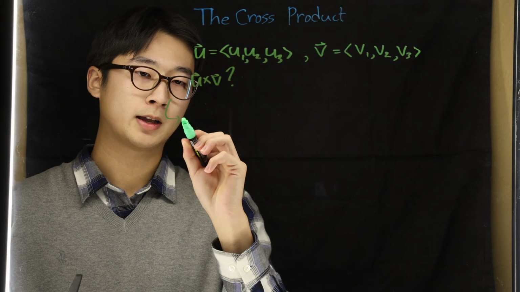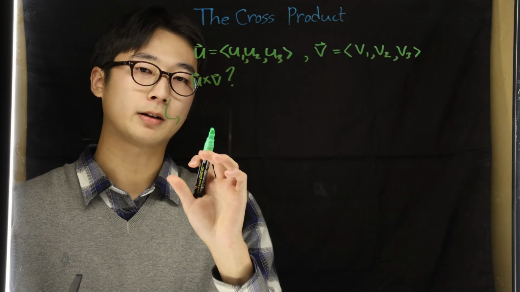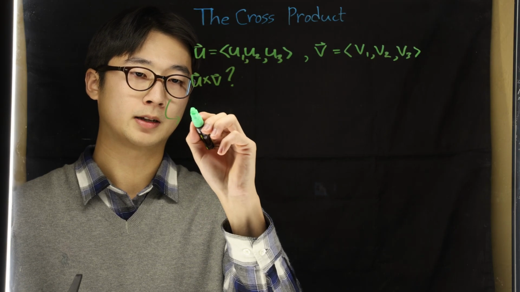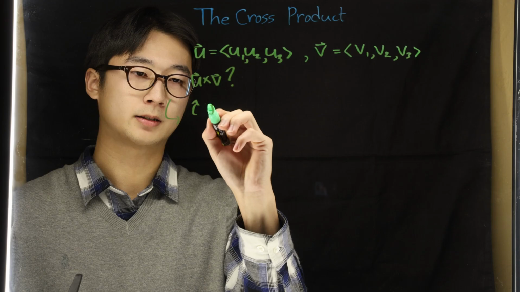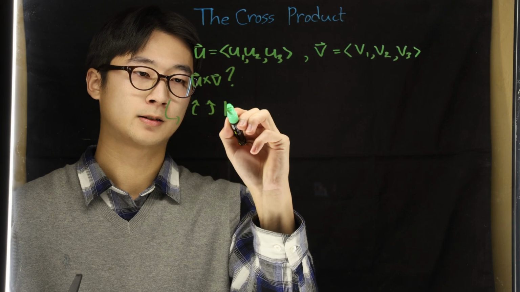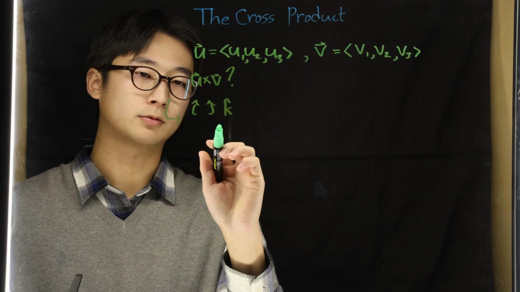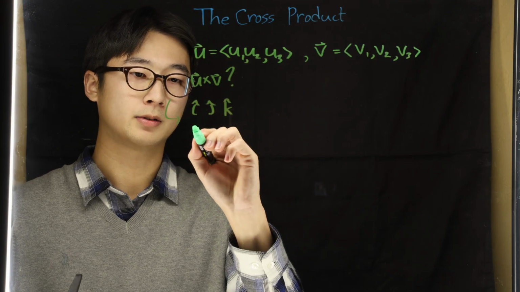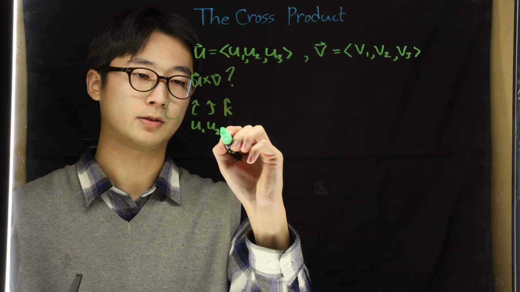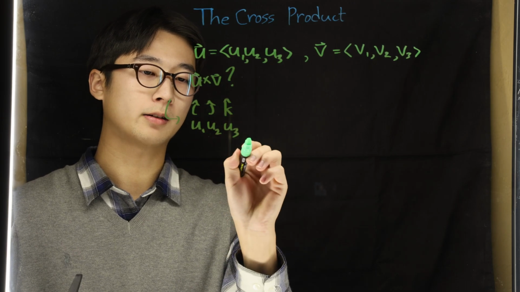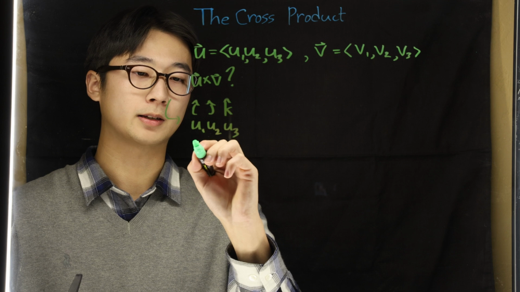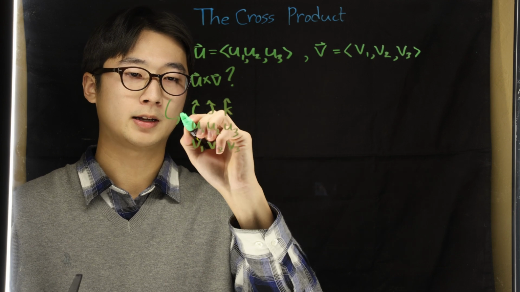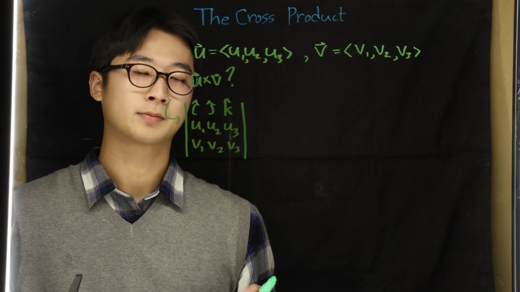The trick is, first write a 3 by 3 matrix determinant. Let's say i hat, j hat, k hat, and the second row goes with the vector u: u1, u2, u3. And the third row is vector v: v1, v2, v3, and the determinant.